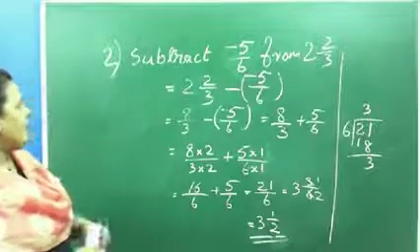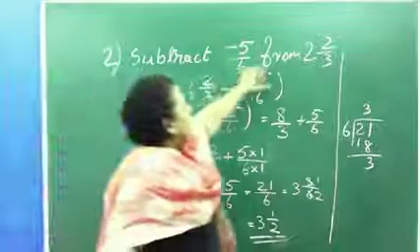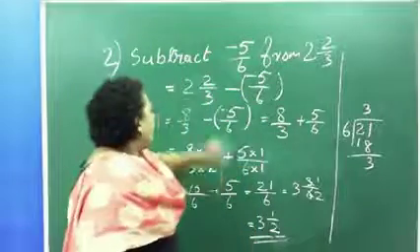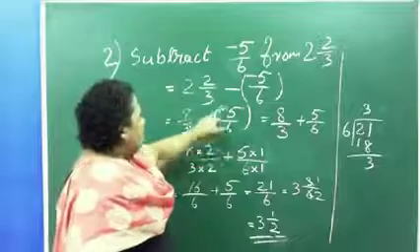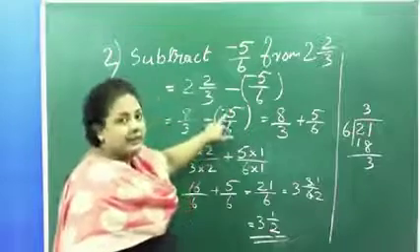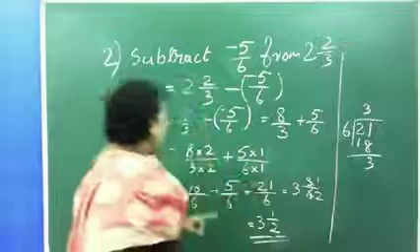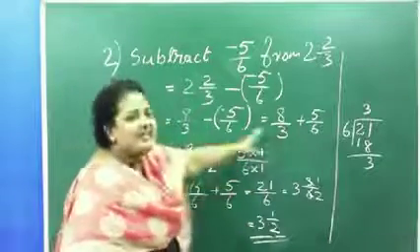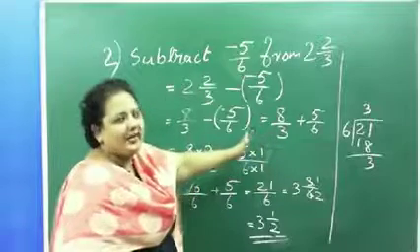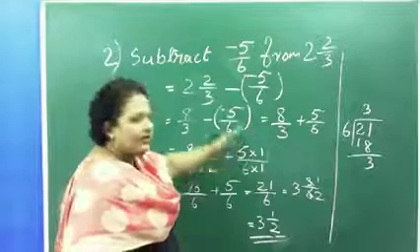Okay. So, what we did here: subtract negative 5 by 6 from 2 by 3. We wrote it in the subtraction in figure form, and then the minus and minus came together, so we wrote it as a plus sign, and then we found the LCM is 6 there. I did not write it separately because you already know you have to find it; you can write it.